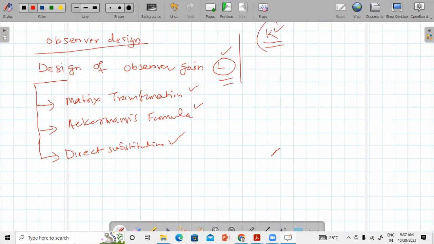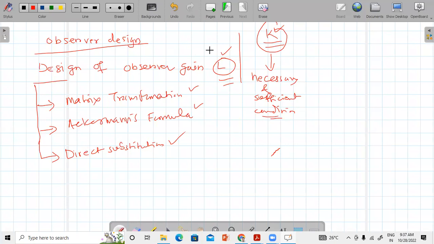Now, when we are designing the value of K, we say that necessary and sufficient condition. What is necessary and sufficient condition here when we are designing K? Yes. System should be controllable, correct? Omkar, system should be controllable.